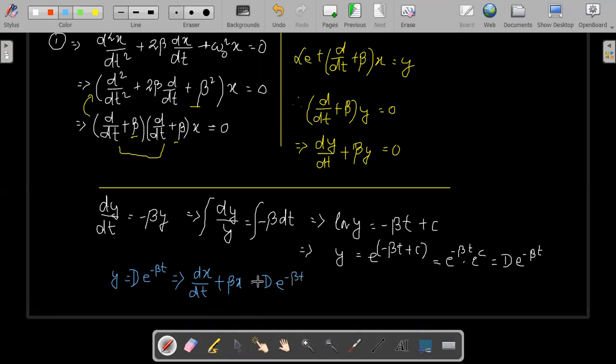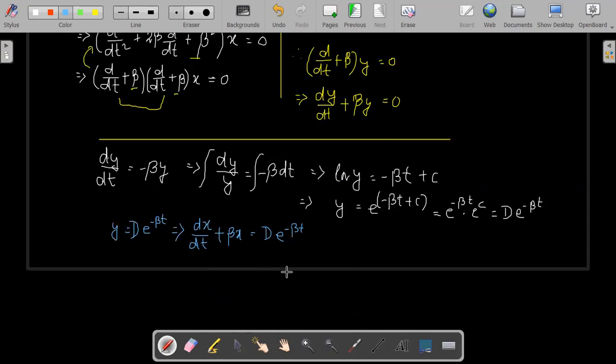Now we have this, and we need to solve it further to get our solution for x. Let me note it down for you. We can divide throughout by e to the power minus beta t.